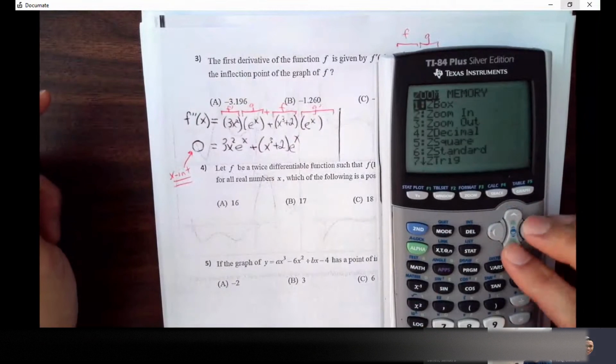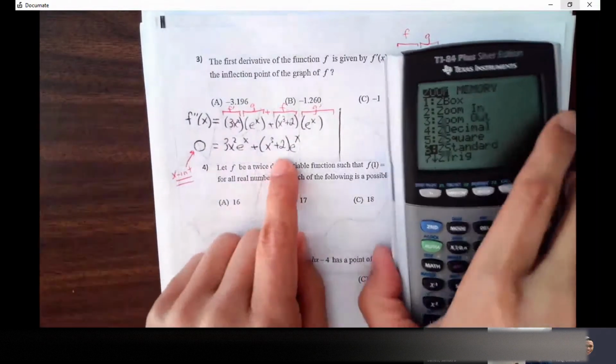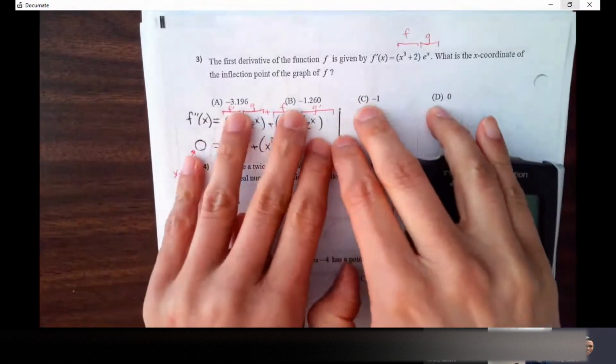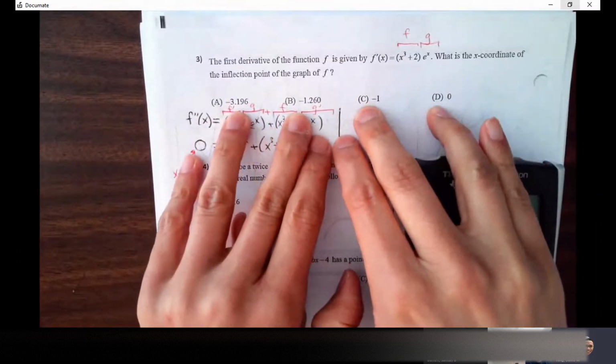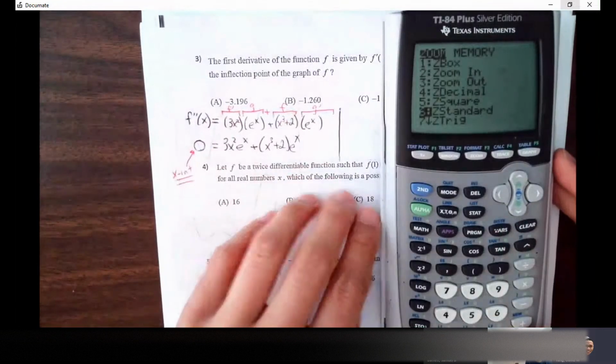I'll do zoom 6 just to get a standard window here. And I look at my option choices. So this is helpful. We know that we're looking for values somewhere between -4 and 0, right?